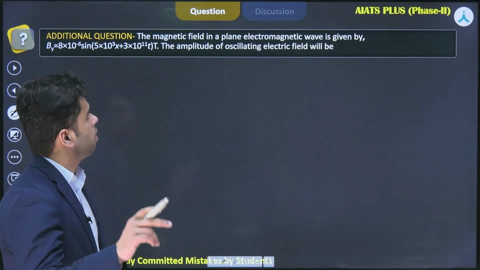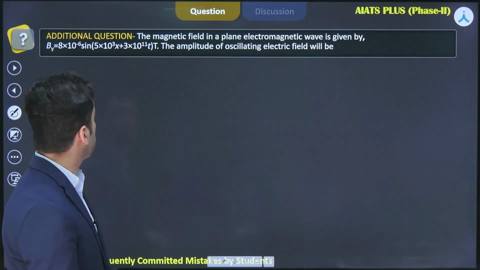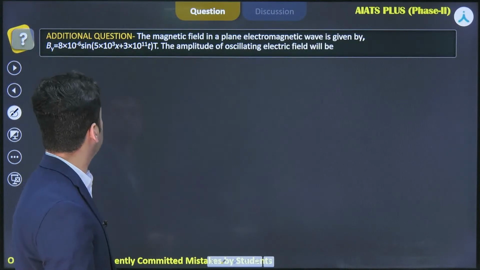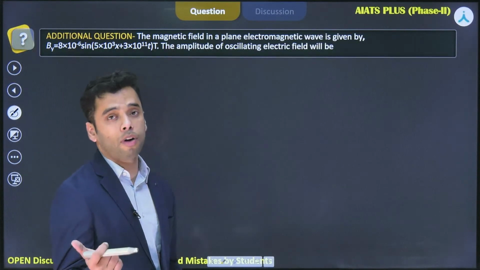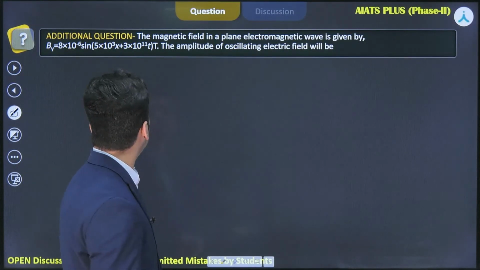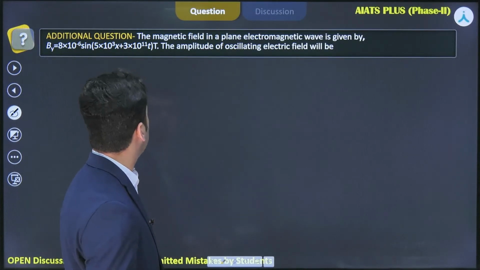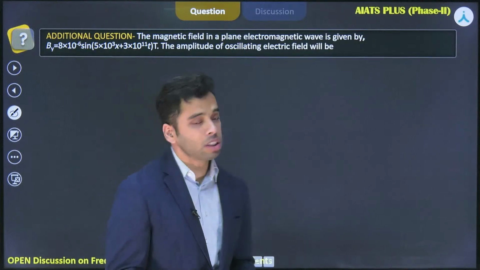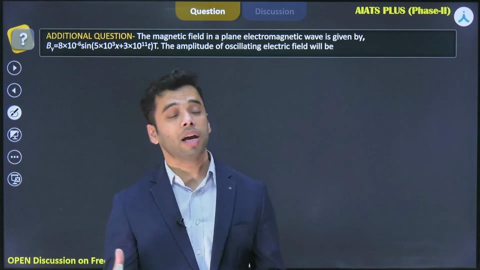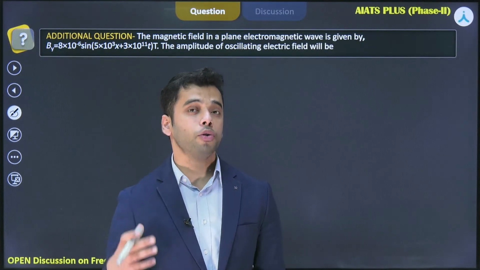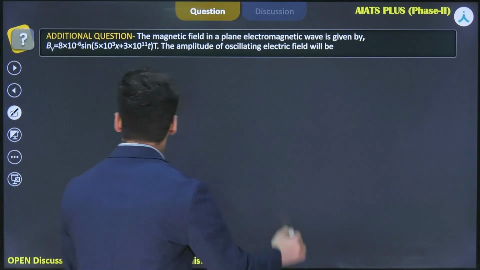It says that the magnetic field in a plane electromagnetic wave is given by By equal to 8 into 10 raised to the power minus 6 sine of 5 into 10 raised to the power 3 x plus 3 into 10 raised to the power 11 t. The amplitude of the oscillating electric field will be. So this time you need to calculate the amplitude of the oscillating electric field. Let me write the equation for you.